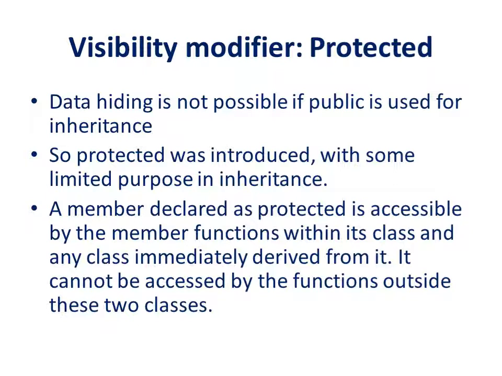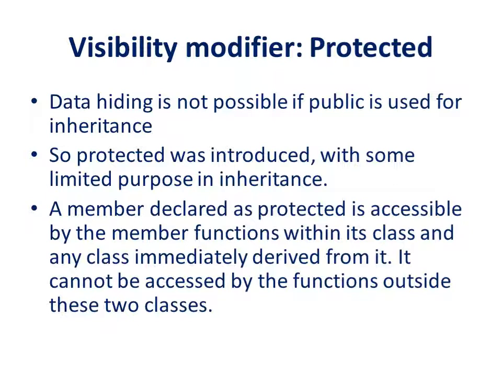So in order to overcome all these things, in C++ one more visibility modifier was introduced, called protected. This protected is used in inheritance when we are defining the derived class.